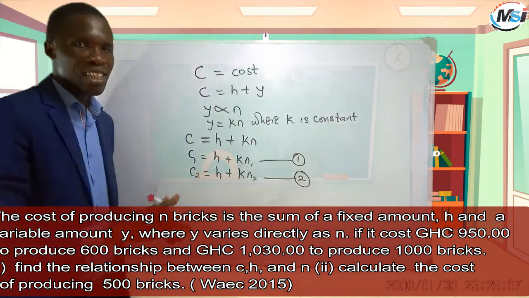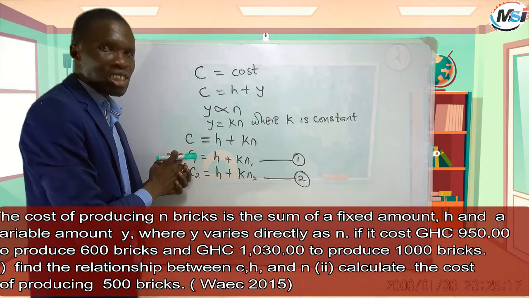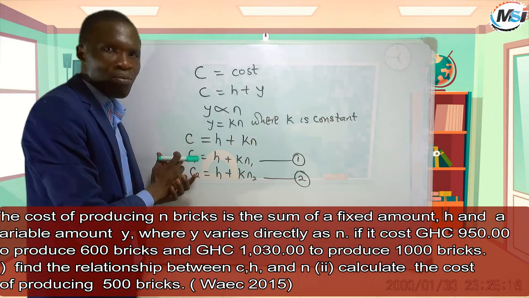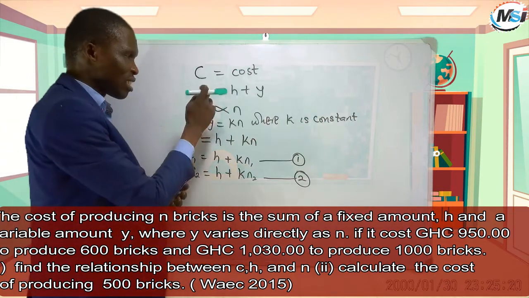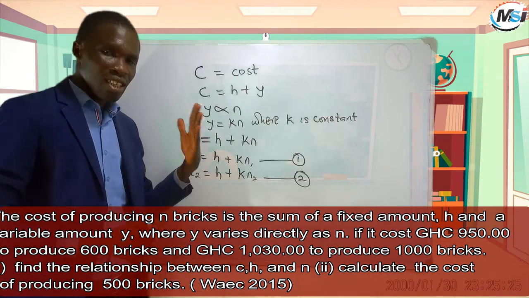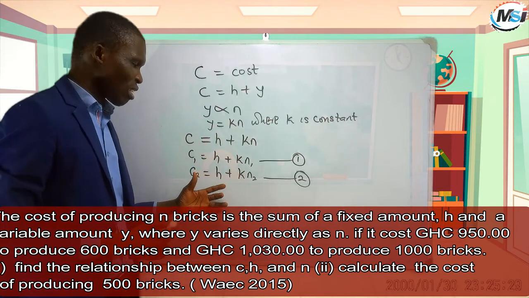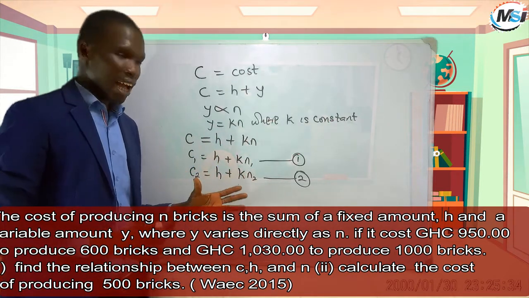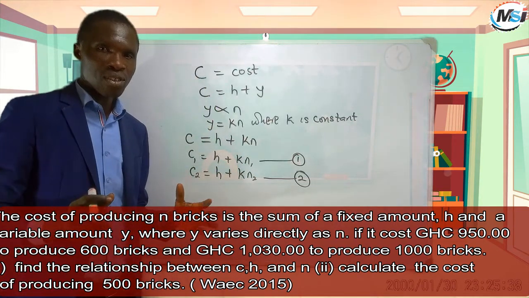Now from here you can replace C, which is the cost, when the number of bricks is given. The number of bricks is N, and cost is represented by C. I believe you understand that, right?